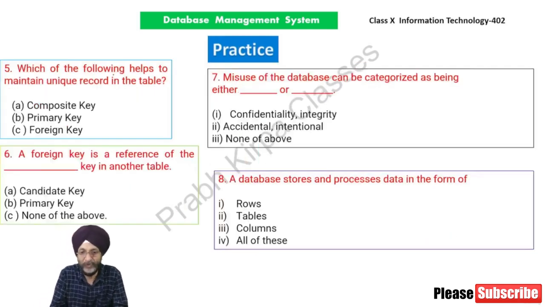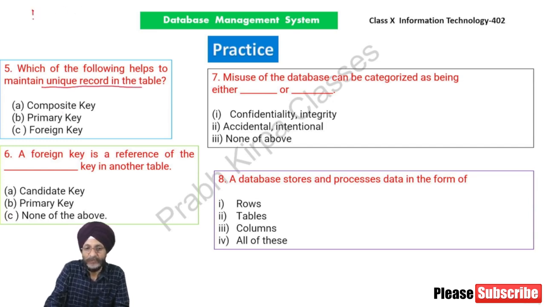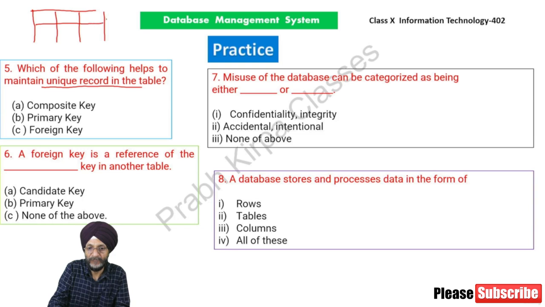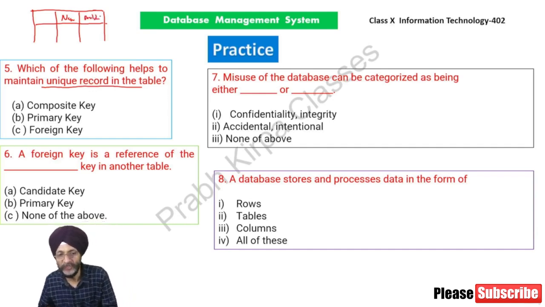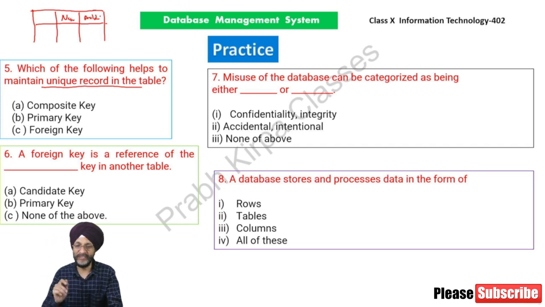Which of the following helps to maintain unique records in the field? Suppose there are 100 students in a particular school. If we maintain the data only on the basis of names, there may be more than one student having the same name.